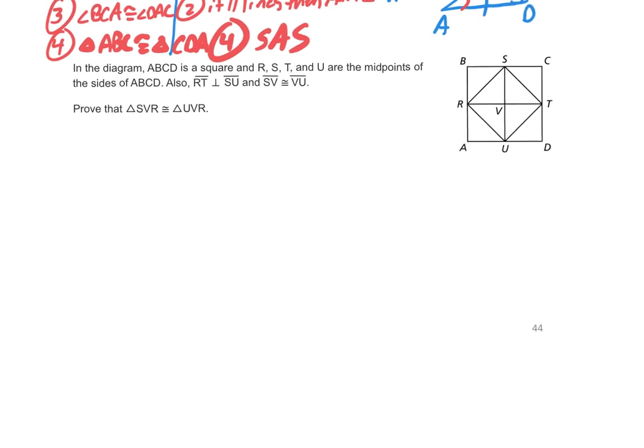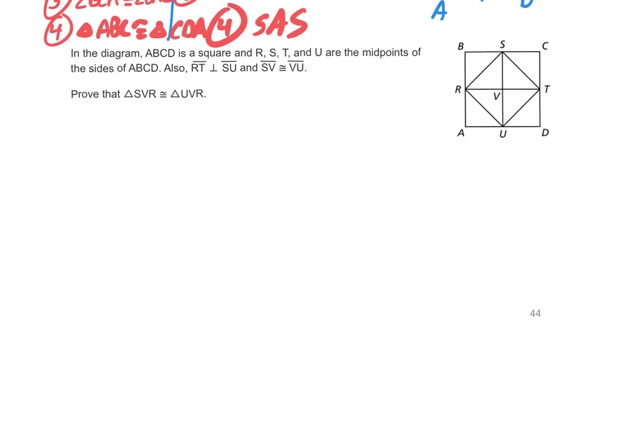On this one here, there's all kinds of triangles in this picture, right? And so make sure that you're focusing on the 2 that we are dealing with here. Okay, the 2 that we are dealing with is SVR and UVR. I'm going to outline them here.